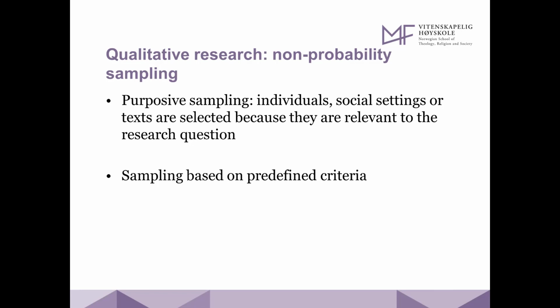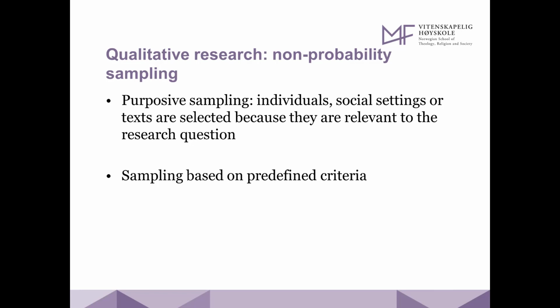And for this reason, we often talk about purposive sampling in qualitative research. Another term used is criterion-based sampling, because the sample units you analyze are selected using certain criteria. And such sampling criteria can be age, gender, occupation, or that your research participant should have specific experiences or role. It all depends on your research questions.